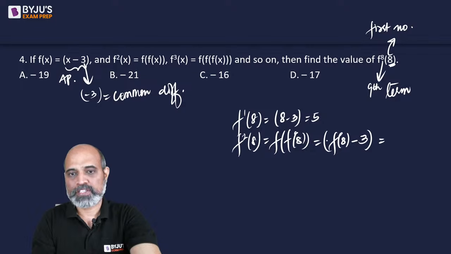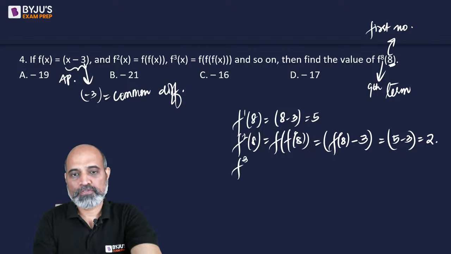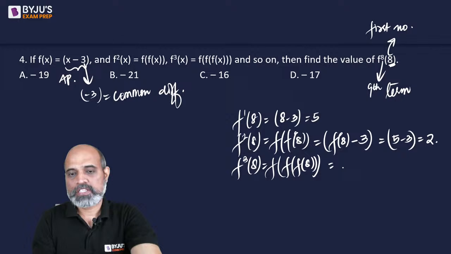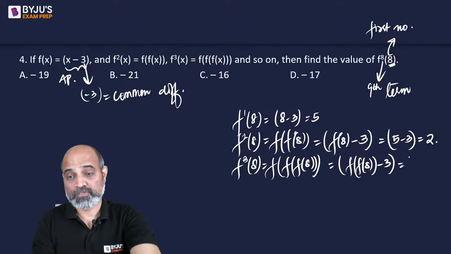Now f of 8 we just found out is 5, so this becomes 5 minus 3, which is going to be 2. If I want to find out what is f cube 8, this is nothing but f of f of f of 8, which is going to be f of 8 minus 3. Now f of 8 is just the value that we found out, which is 2, and then minus 3, which will result in minus 1.